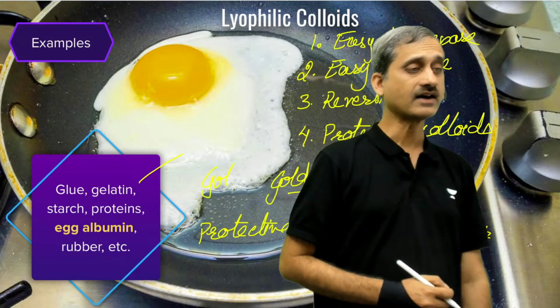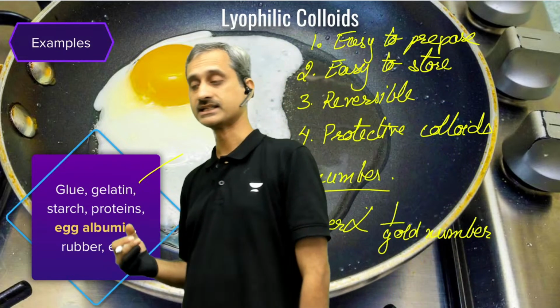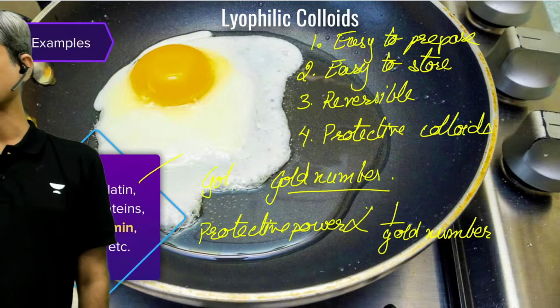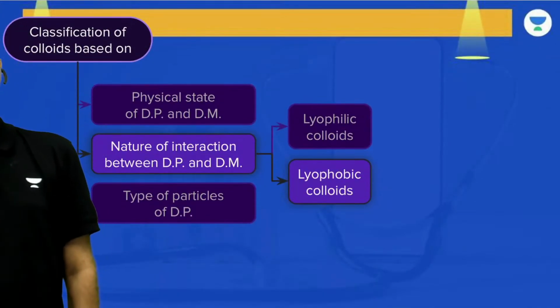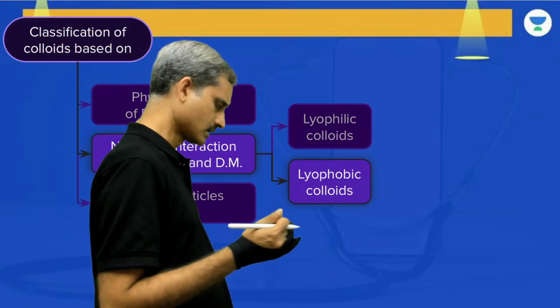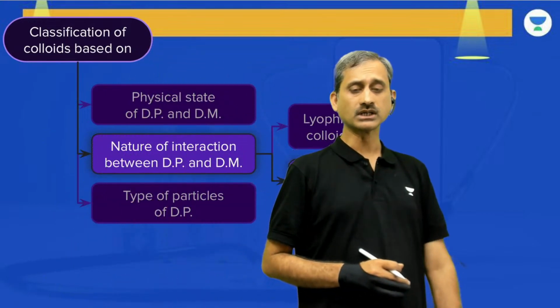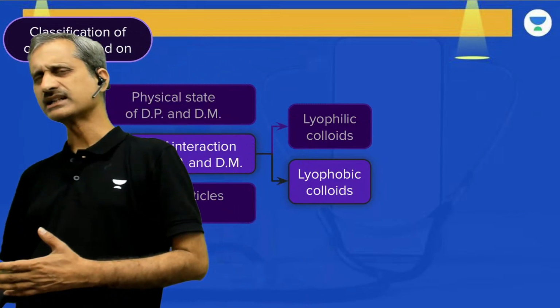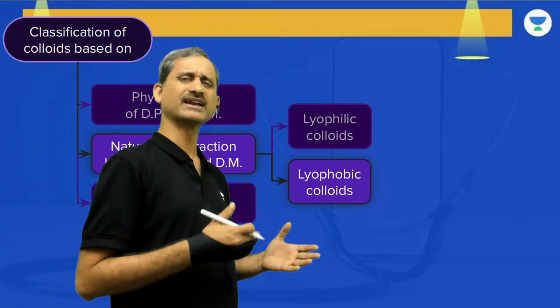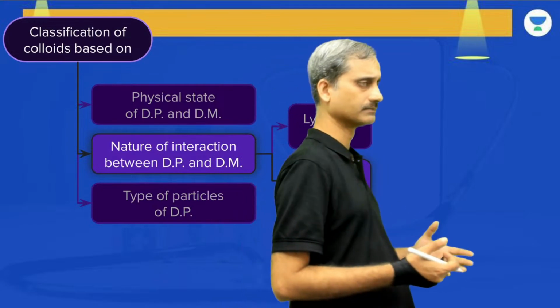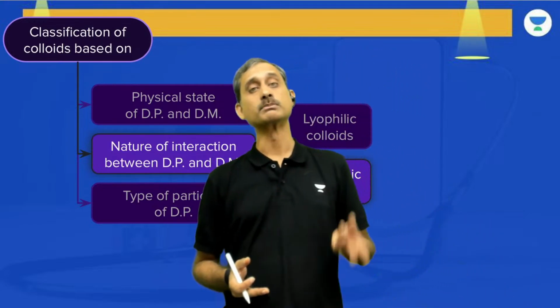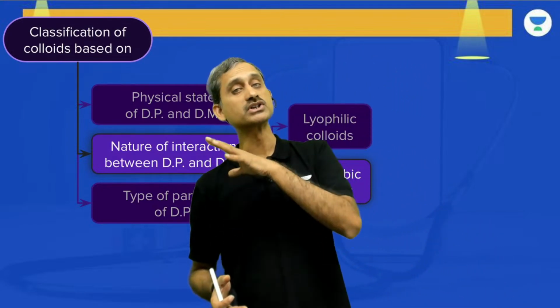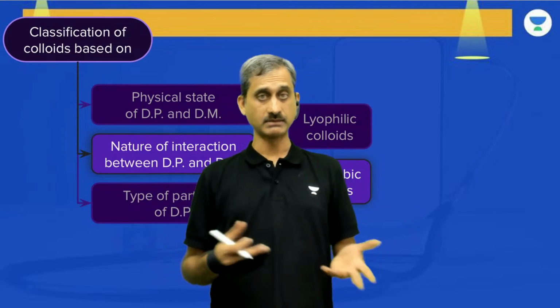So this is what we have as protective colloids and their protective power. That is inversely dependent to gold number. Now, to talk about the lyophobic colloids. Lyophobic colloids are those substances which do not have any interaction with the dispersion medium. Something like, let us say we talk about metals being dispersed in oil or maybe water.